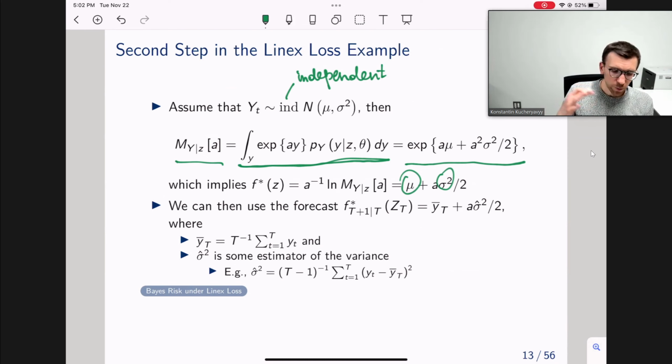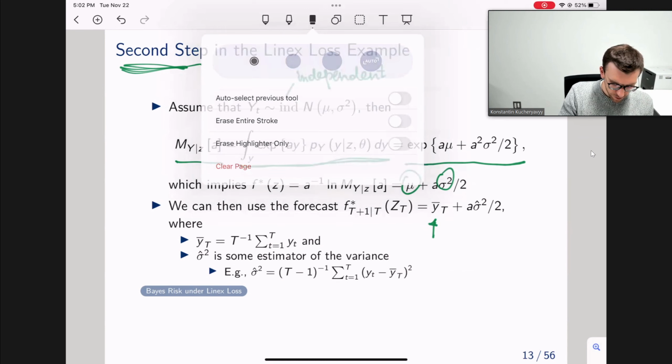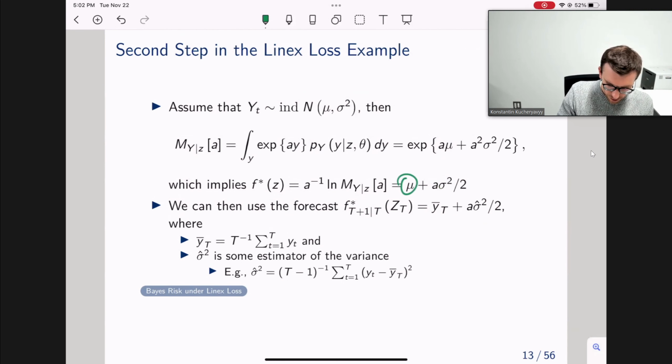And then here is where the second step comes. We're dealing with the second step. We can then use any estimates of the mean and variance. For example, we can take an average for the mean and this estimate for the variance.